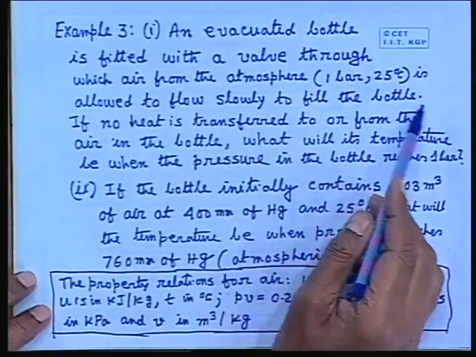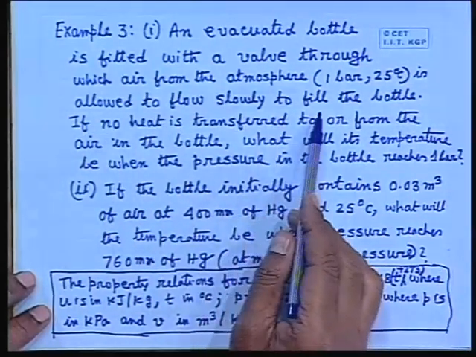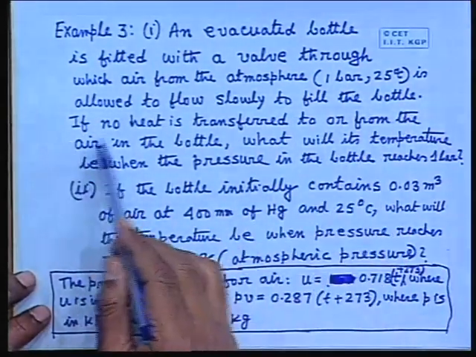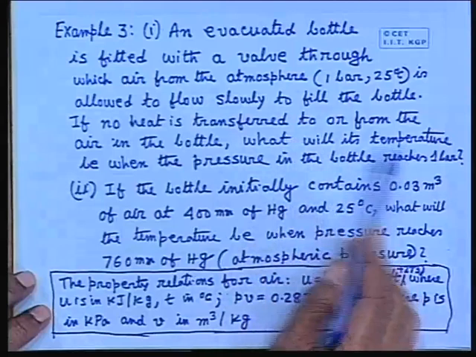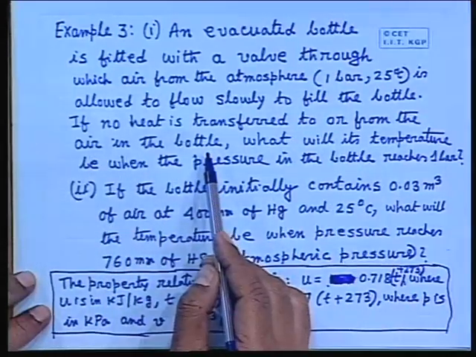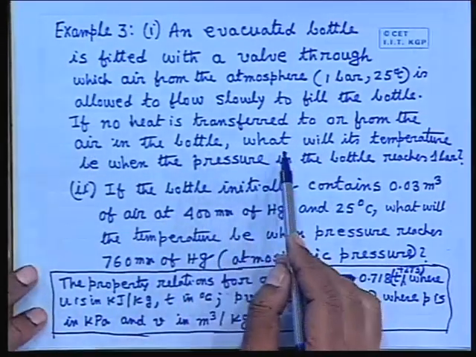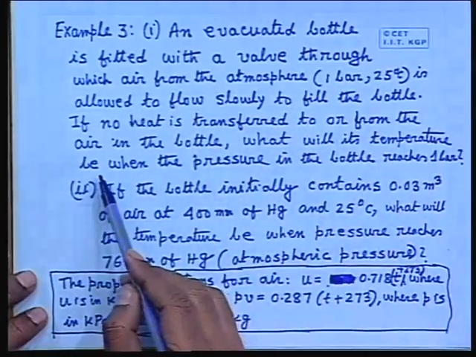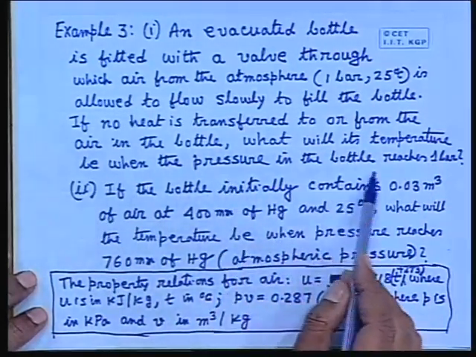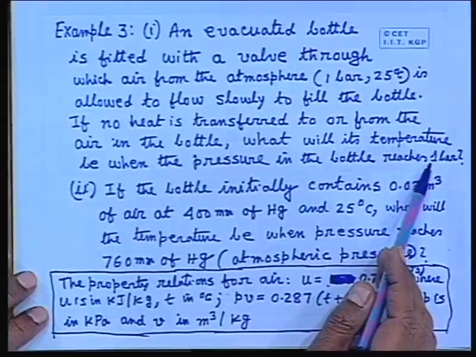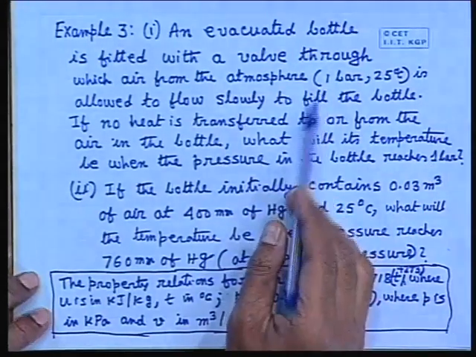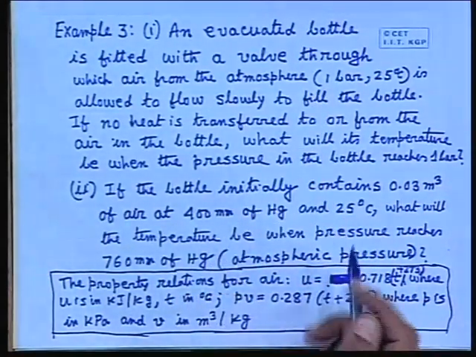If no heat is transferred to or from the air in the bottle, that means the bottle is totally insulated, what will its temperature be when the pressure in the bottle reaches 1 bar? That means the pressure will be the same as that one, and the process will automatically stop.